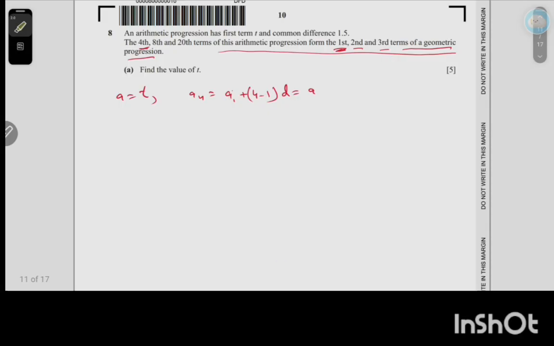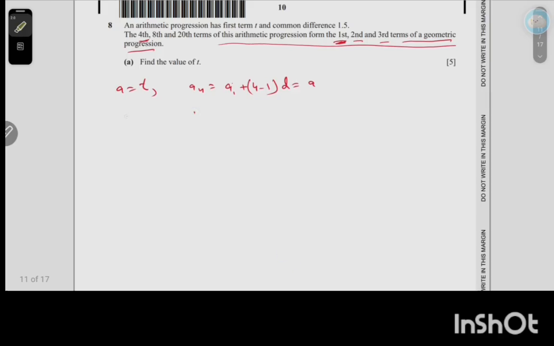So the geometric progression has this first term. Now, second thing, the common difference d is 1.5.